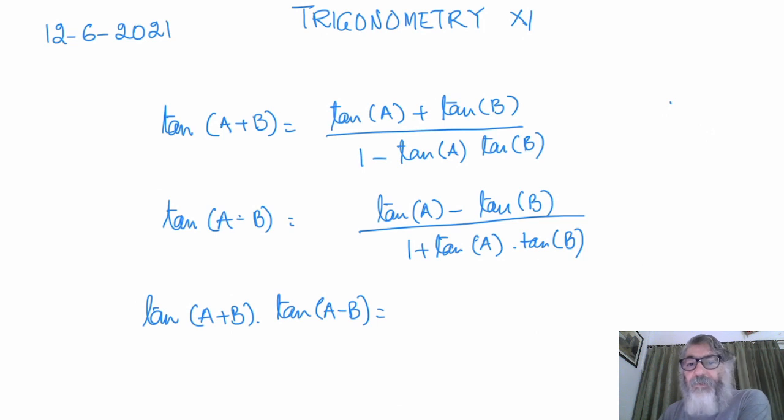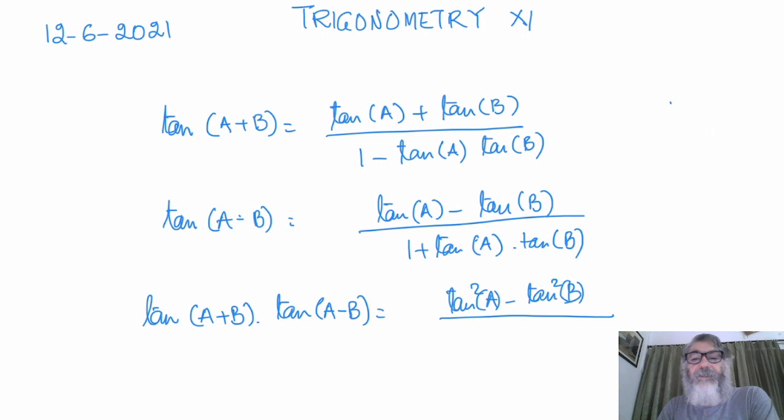If you multiply both the numerators, one is tan A plus tan B, the other is tan A minus tan B, so that will give us tan square A minus tan square B. In the denominator, I have 1 minus tan A tan B, 1 plus tan A tan B. Again, this is the a square minus b square formula.